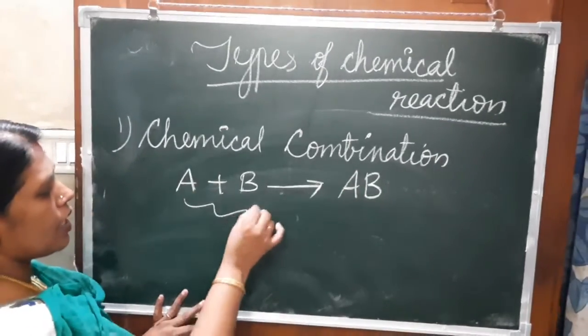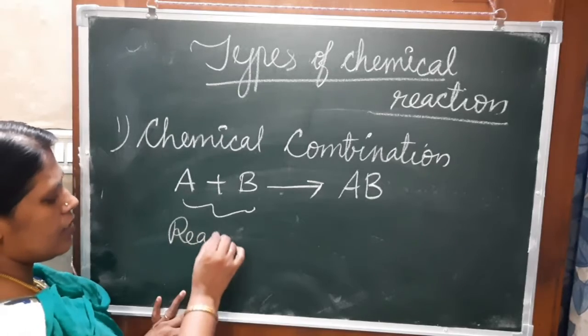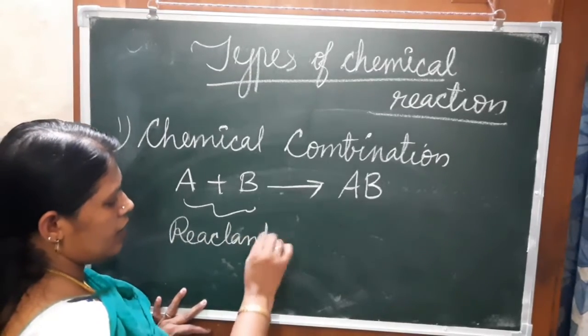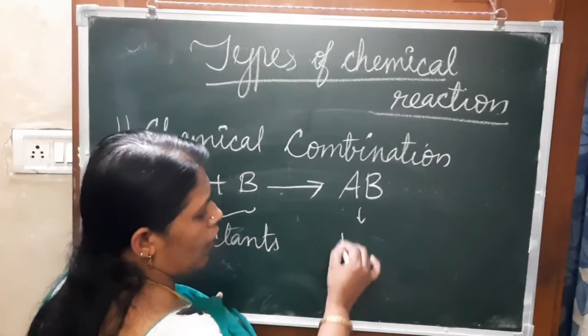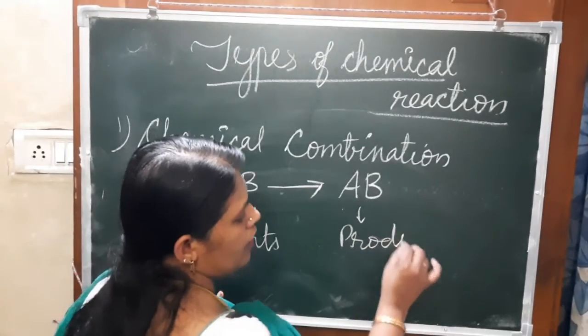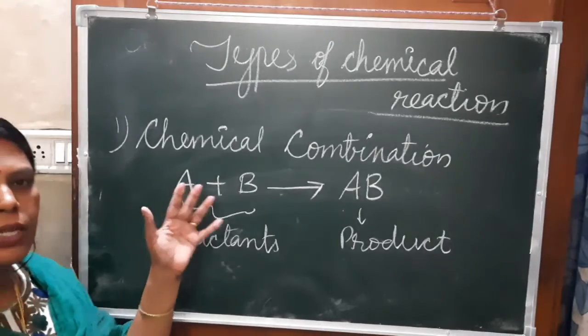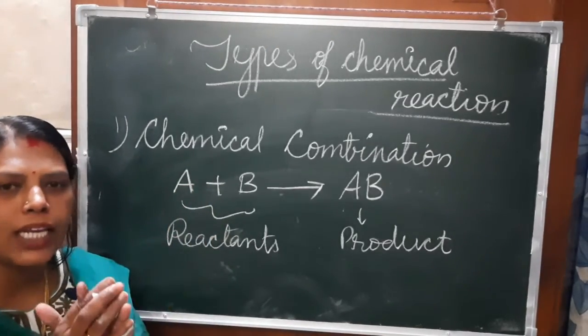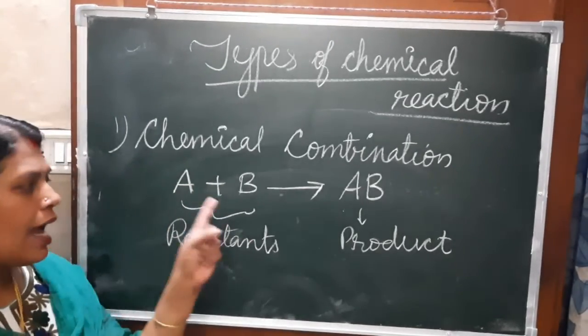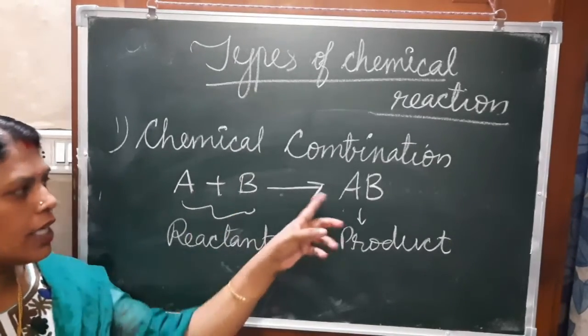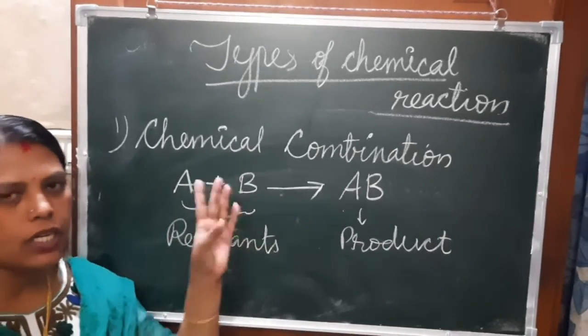So these two are the reactants and this is the product. A single product is formed. Combination means both of them are combining together, joining together and forming only one product. Then it is a chemical combination reaction.